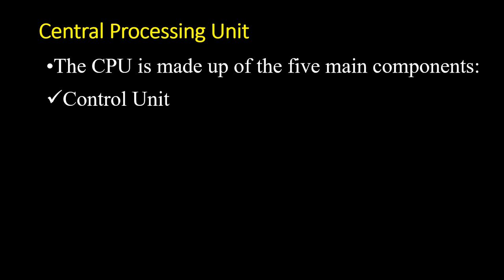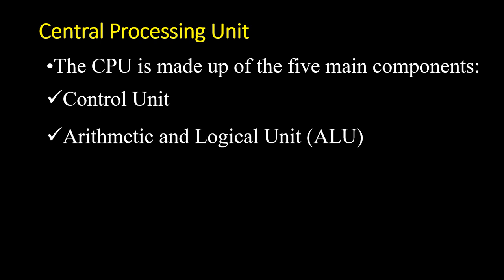So there is one piece of hardware known as the control unit within the CPU. We also have the arithmetic and logical unit. We shall understand what they do. Registers. We shall look at the registers, what they are. And buses.